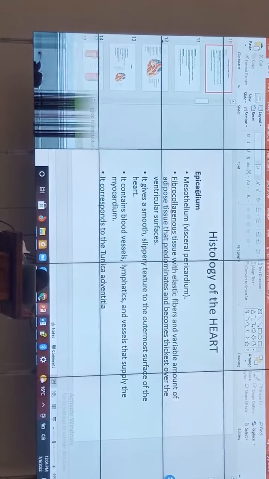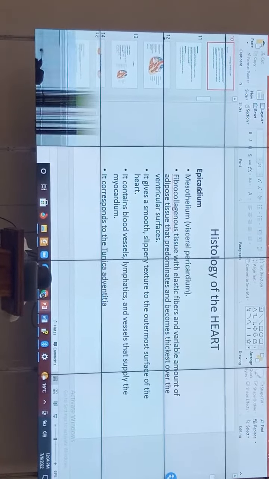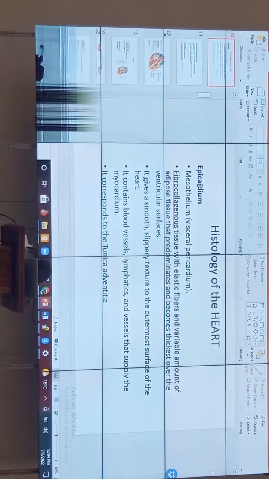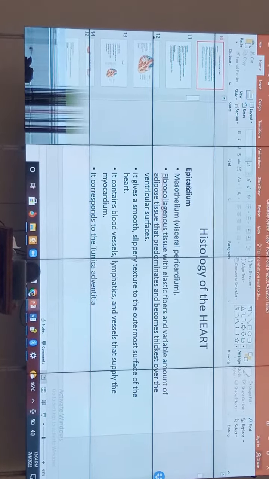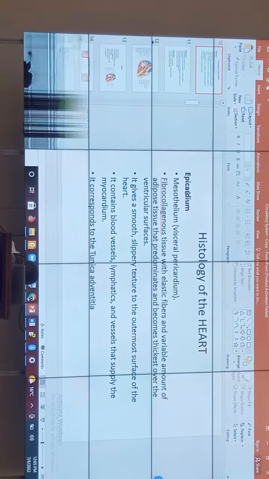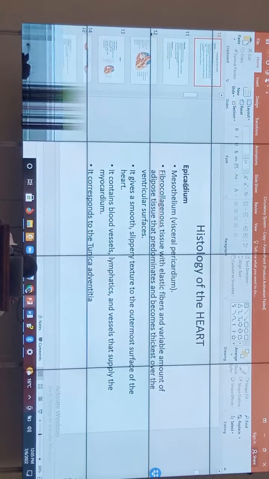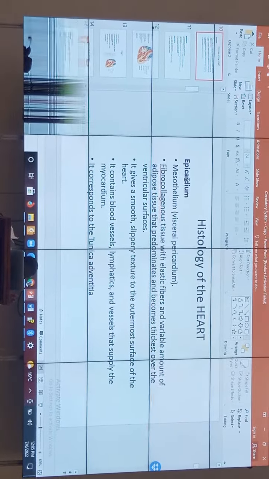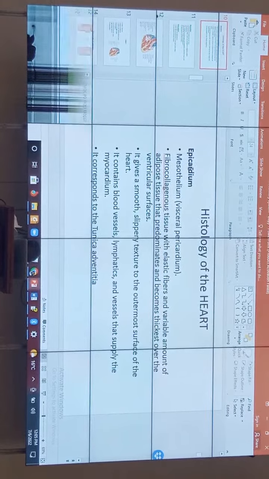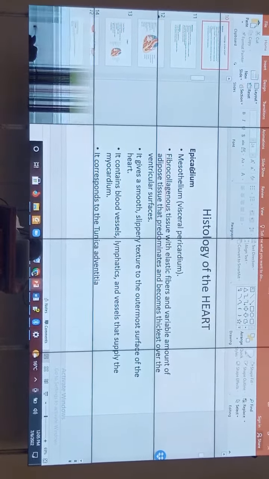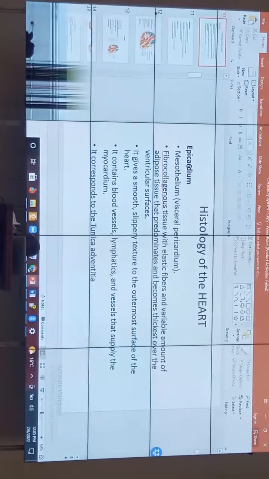But the right side of the heart only pumps blood to the lungs. Therefore, which of the two ventricles is expected to have more cardiac muscle cells in its walls? The left ventricle. So the left ventricle, when you look at its walls, they are thicker compared to the walls of the right ventricle.